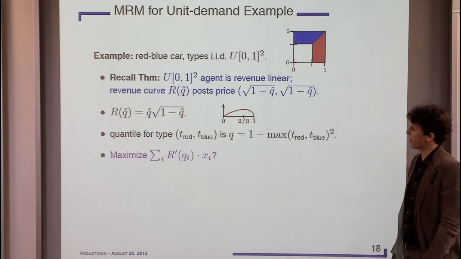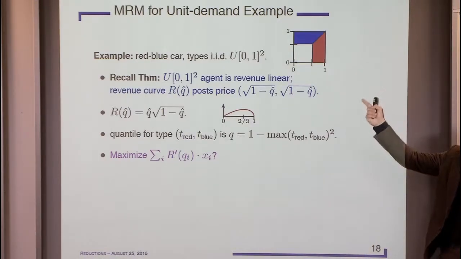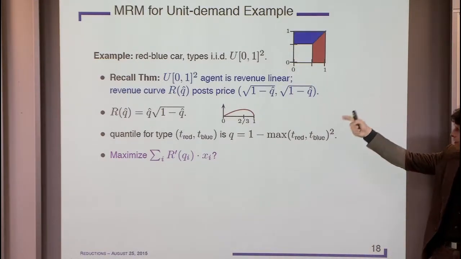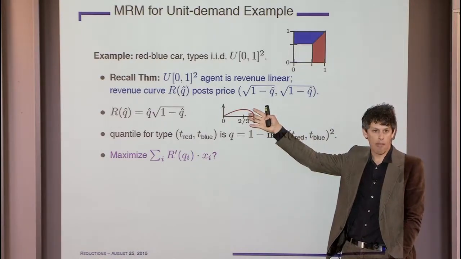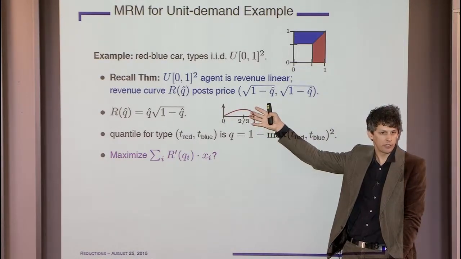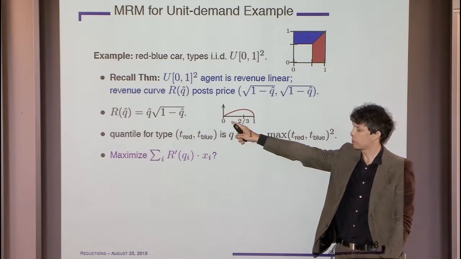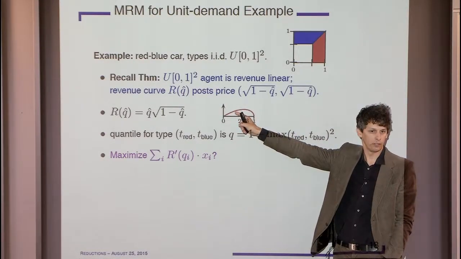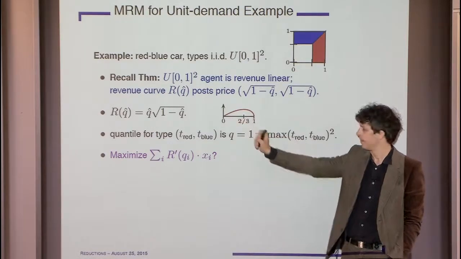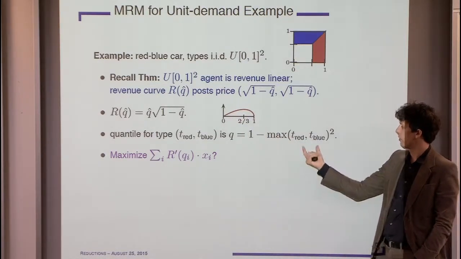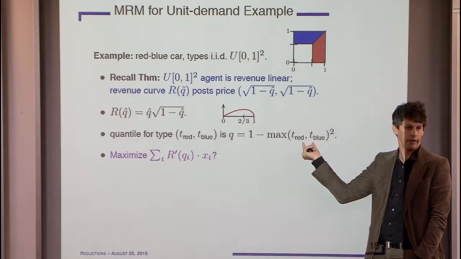So now I want to maximize marginal revenue. I have an IID setting. So as usual, the values of marginal revenues don't matter. It's just the ordering that matters. And so we just care about who has the highest marginal revenue. And the person with the smallest quantile has the highest marginal revenue, right? And they're the person with the highest favorite item coordinate.